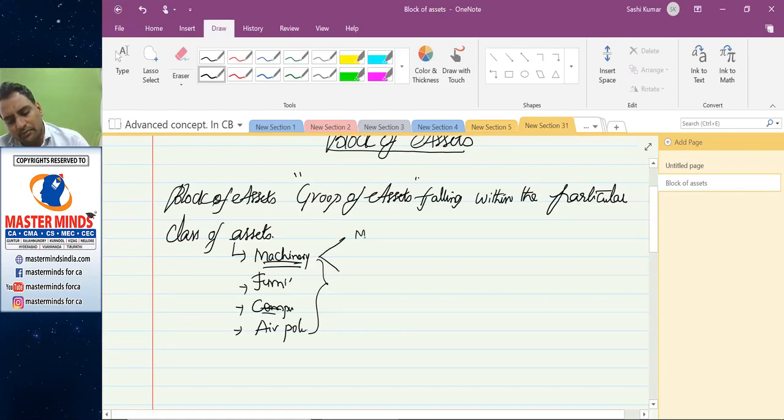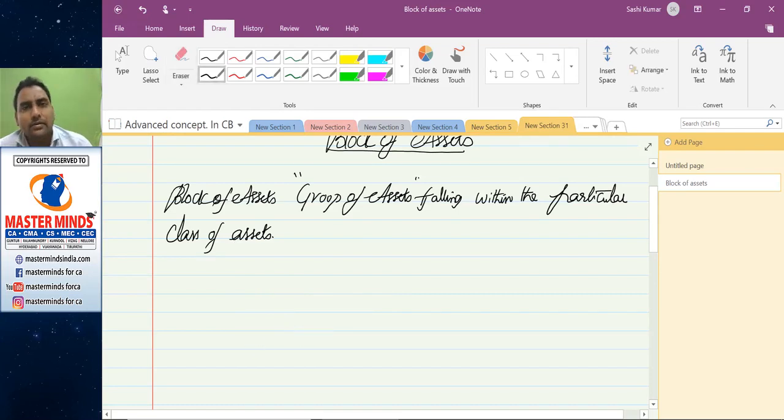So I have 4 machines. These 4 machines are classified under the heading machinery, which is a separate block. I have 10 furniture items. Those 10 furniture items, once you classify, come under the heading of furniture. So they are charged a separate rate of depreciation. Like that, the rate of depreciation applicable to any asset depends on its block.